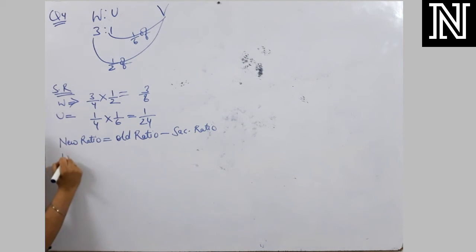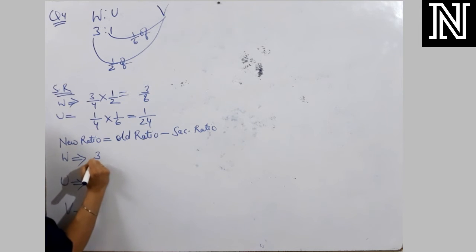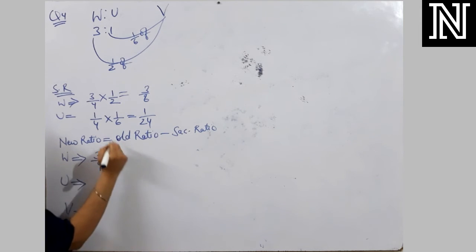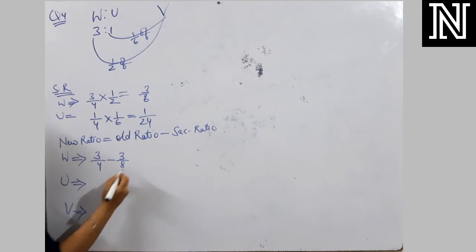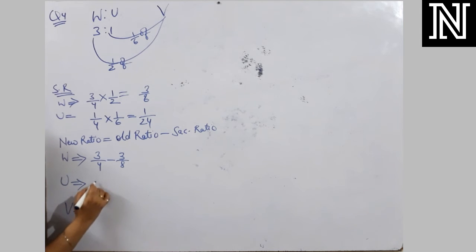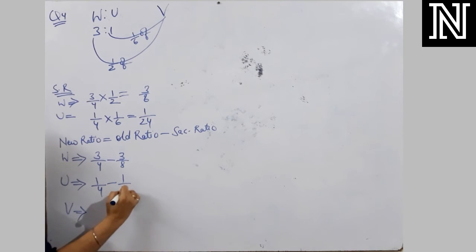So we have to calculate for W, for U, and for V. W's old ratio is 3/4 and he is sacrificing 3/8. U's old ratio is 1/4 and he is sacrificing 1/24. V's share is not given.